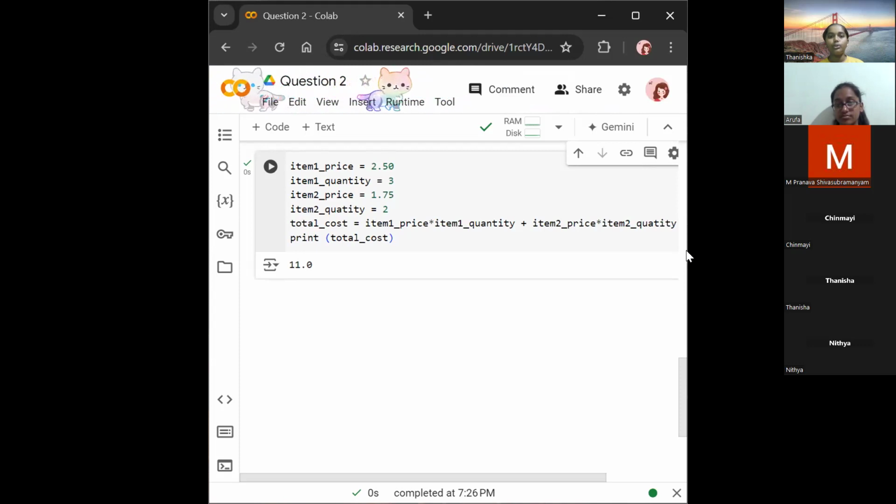You have to count the total money. For that, you have to know the cost as well as the number of chocolates, because you are not purchasing only one chocolate. That's why they have given the quantity also. Together you multiply, and then you add to find the total cost.